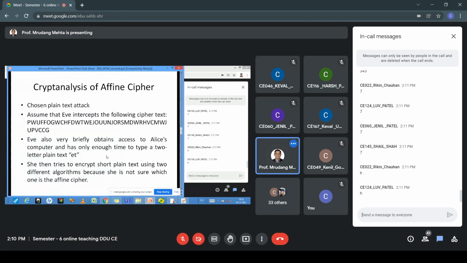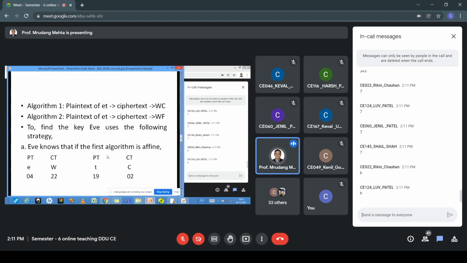So Eve tries to encrypt a short plaintext using two different algorithms because she is not sure which one is the affine cipher. The algorithm number is not known. She only knows that one of these may be an affine cipher. In the first algorithm, plaintext ET becomes ciphertext WC.